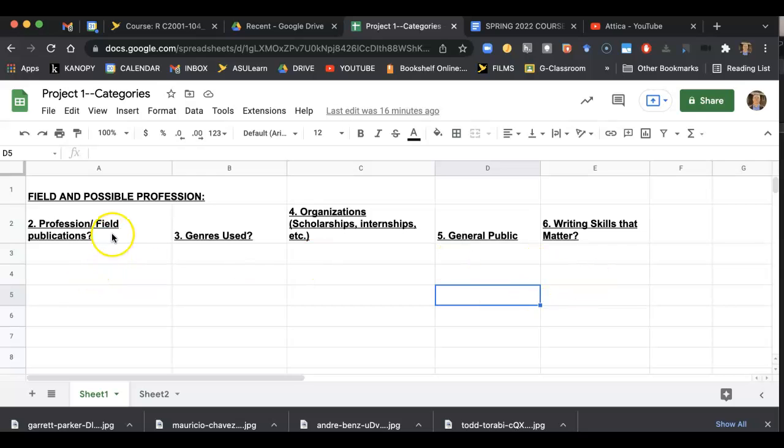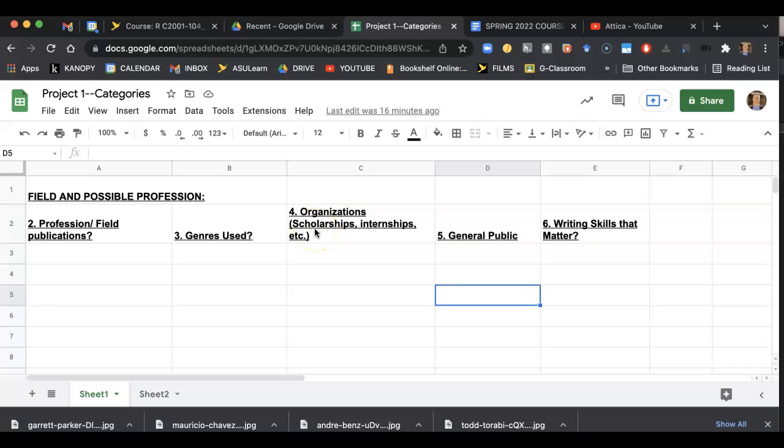So, profession or field named at the top, and then under that field or profession, you've got just 2 or 3 publications that are specific to your field or major or profession, genres that dominate that profession or field, organizations.